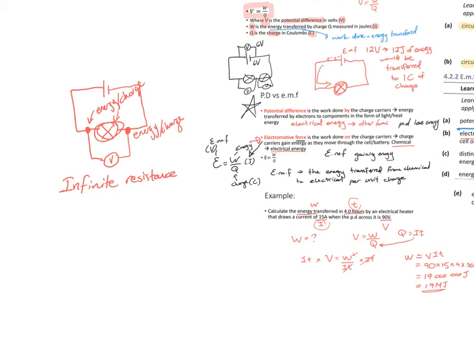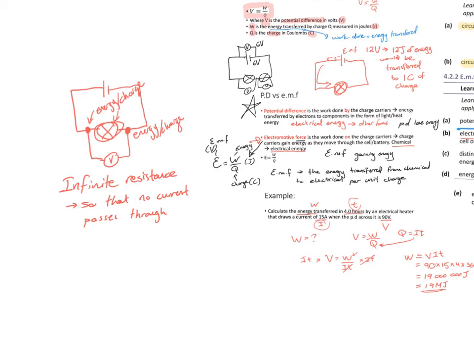But the voltmeter needs to have infinite resistance so that it doesn't let any current through, because if current could go through the voltmeter, then the value of the voltmeter itself wouldn't be real because obviously it would have passed some energy to the voltmeter.